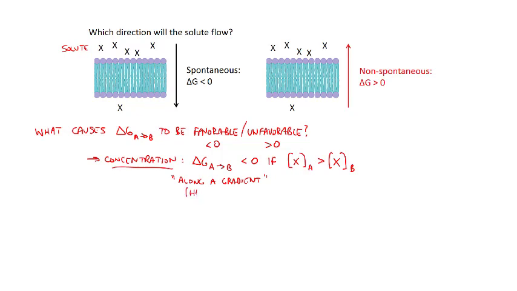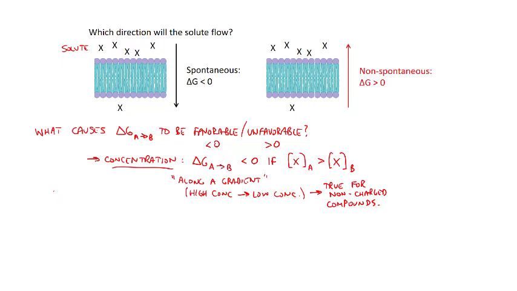Okay, from high concentration to low concentration. And that's fairly intuitive for most people. However, I have to add an important note here. This is going to be true only for non-charged compounds. For ions, this does not necessarily hold true.